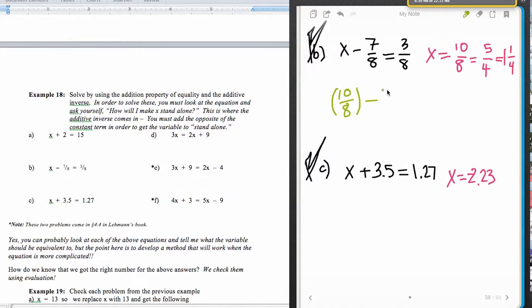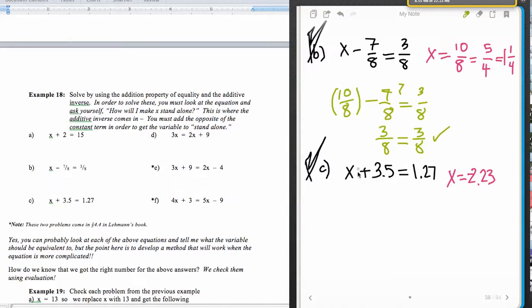So we have 10/8 minus 7/8, and we're asking, is that really equal to 3/8? And 10 minus 7 is equal to 3, and those are 8s, and that does equal 3/8, and that forms our check. A check should always look like: substitute in, find the values on each side of the equal sign, and show that they are a true statement.